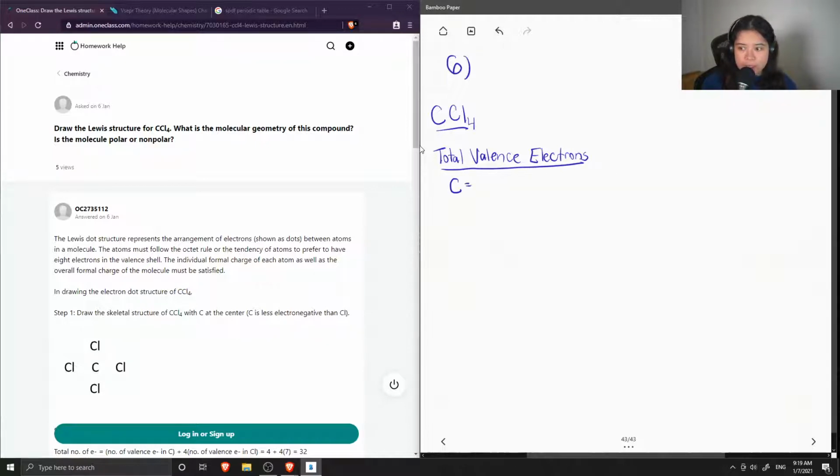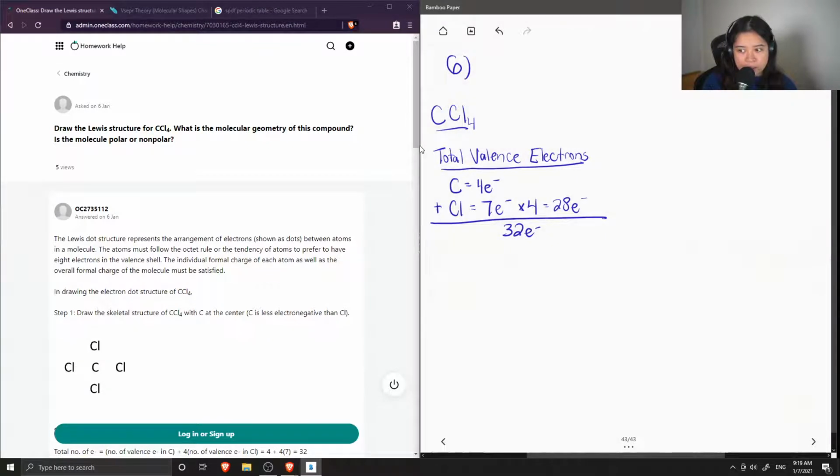So carbon has 4 valence electrons, and chlorine contains 7, and there are 4 chlorine atoms. So in total, we have 32 valence electrons.